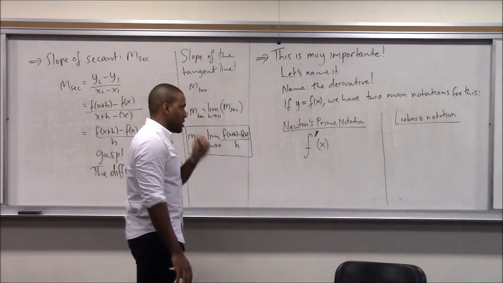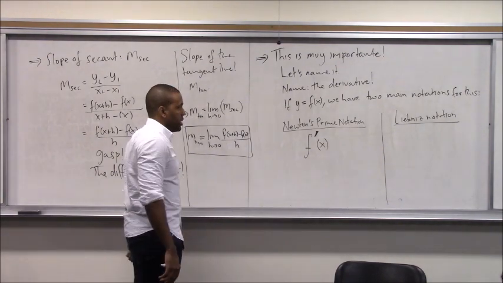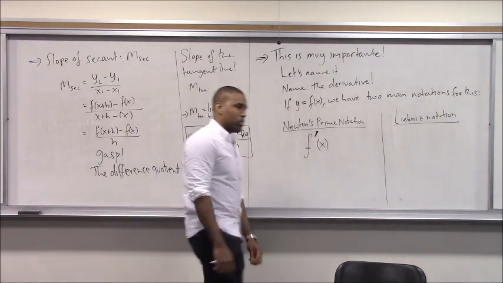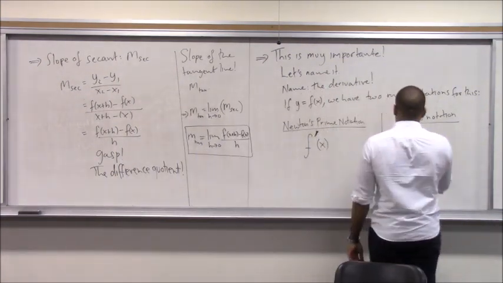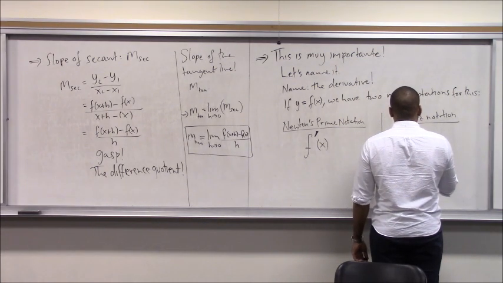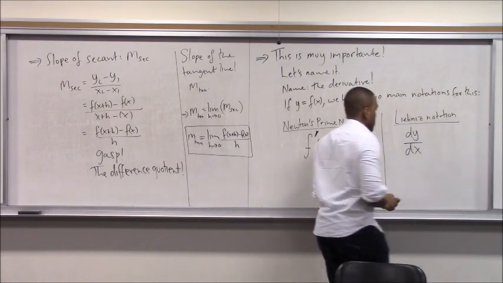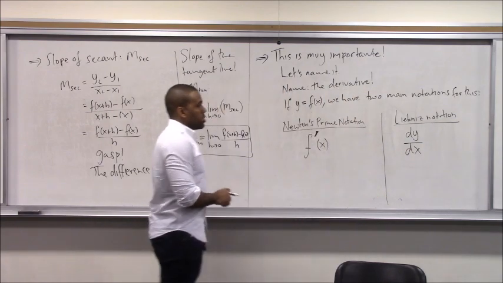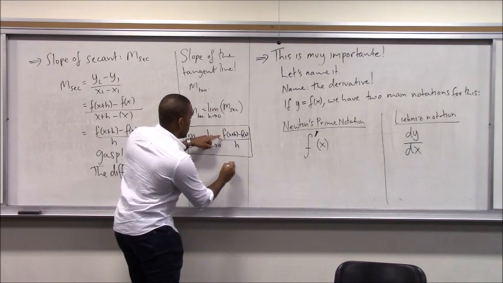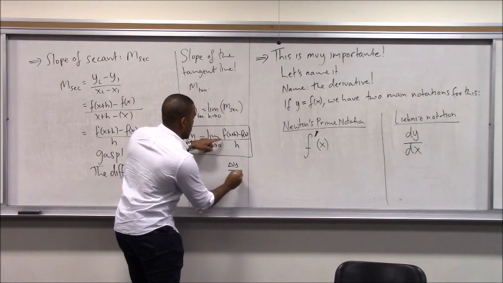Newton was a little bit first, completely independently, but of course they always accused each other of copying the other's work. One of those old mathematical feuds. Leibniz decided to use the notation dy dx. This was kind of a play on the fact that we're using the slope. The slope is the change in y over the change in x.